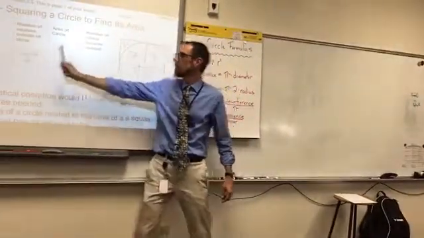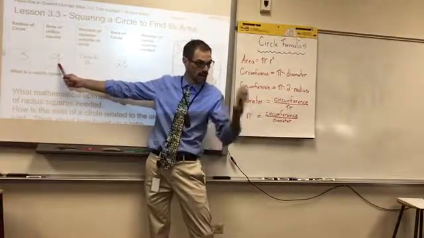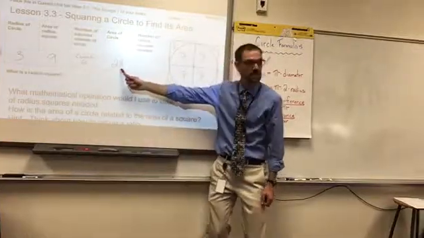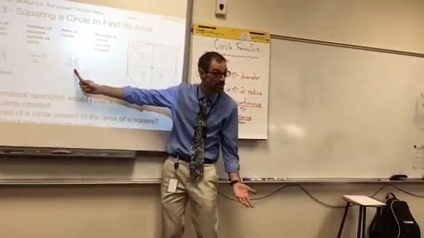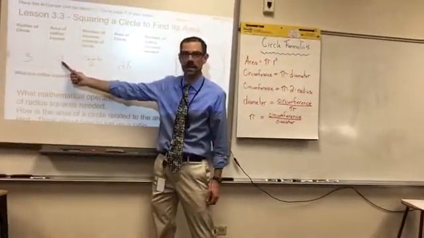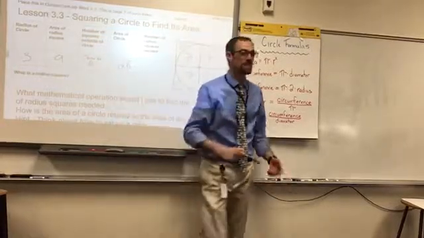Because there are 9 squares in a radius square, right? But there's only 28 that cover the whole thing. So what's pi times 9? It's almost 28. I got 3 points.